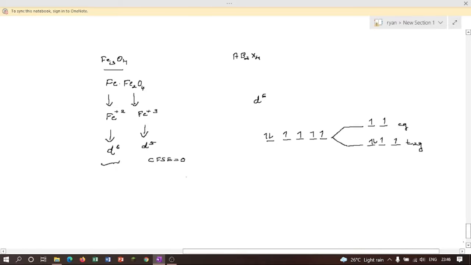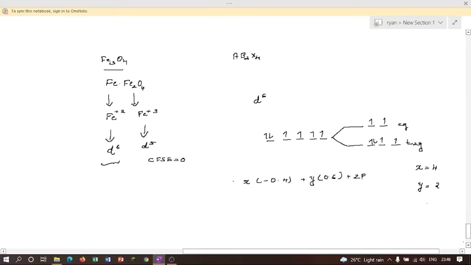Okay, then now I am going to calculate the crystal field stabilization energy. Here CFSE = X into minus 0.4 plus Y into 0.6 plus ZP. Here X is the number of electrons in the t2g orbital, therefore X is 4. Y is the number of electrons in the eg orbital, Y is 2.